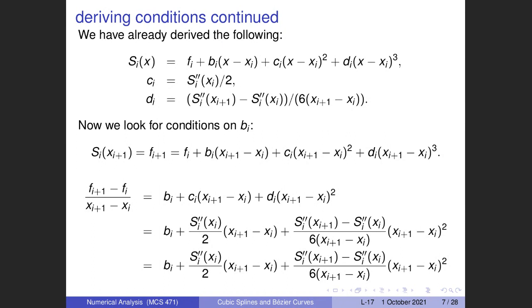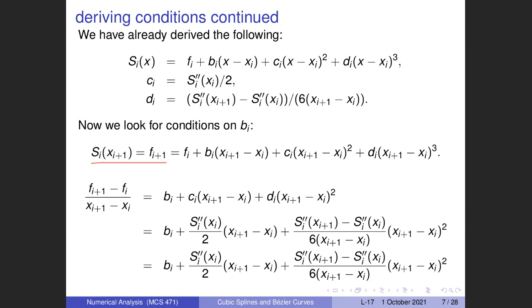Well, let's compute. We have that condition that at the right of the interval, so the spline lives on the interval xi plus 1. Now at the right of this, we have that the function value must interpolate, and that will give us a condition on the bi. And you recognize the divided differences coming in as well.